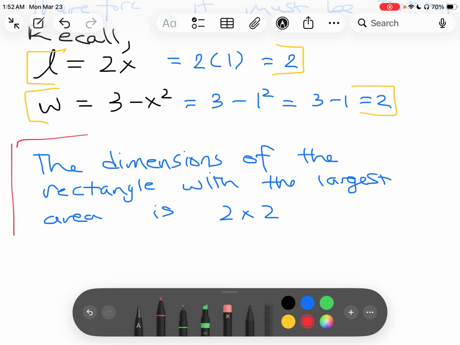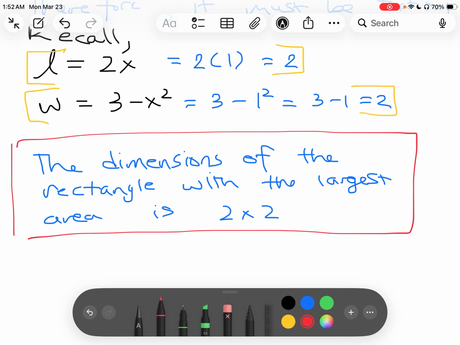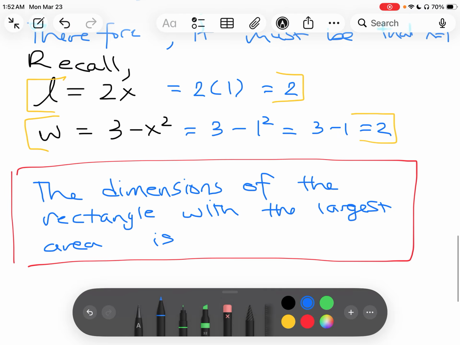That's your answer. Or you can say length 2 and width 2.